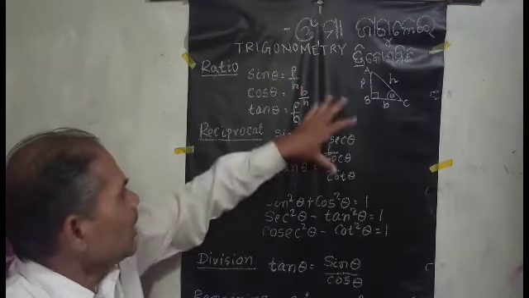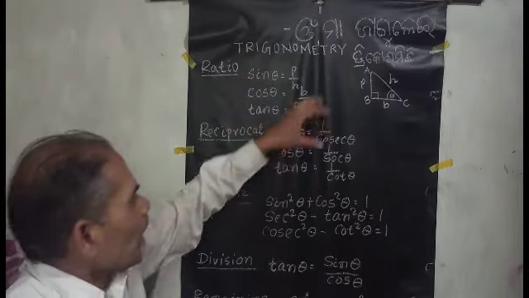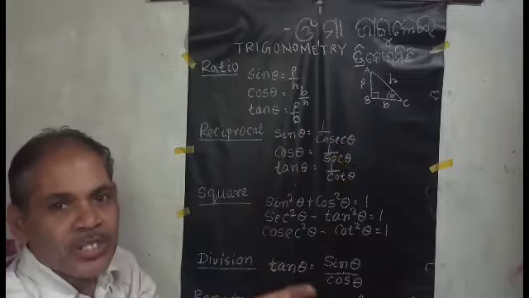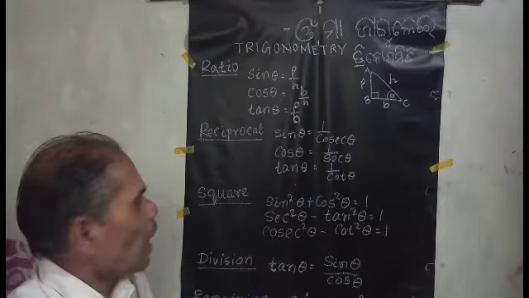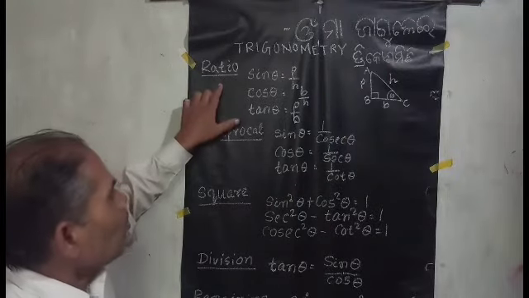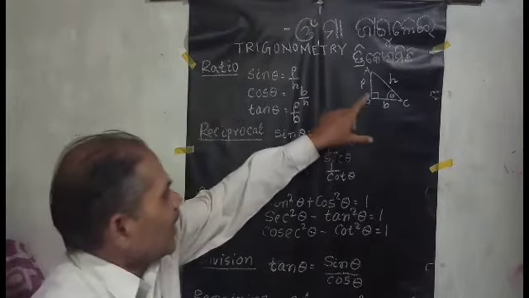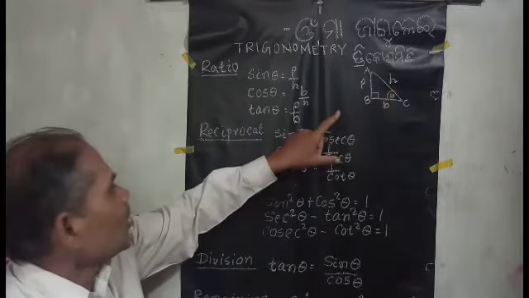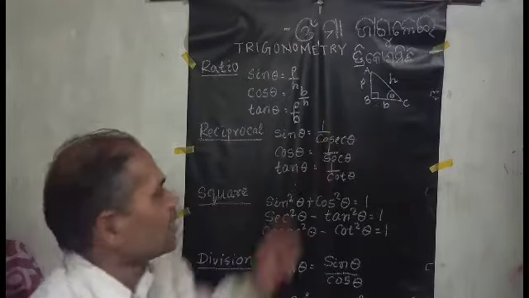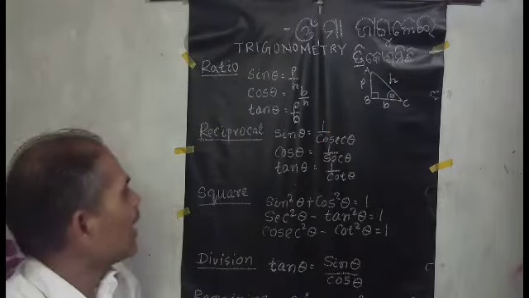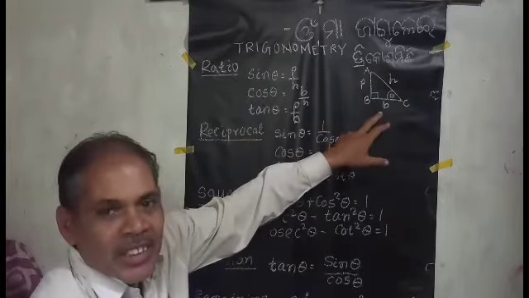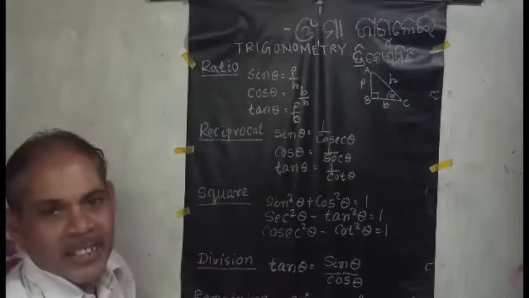Trigonometry is all about the right angle triangle, its sides, and the relationship between the sides, the arms P, B and H. The ratio of P and H is given the name sin theta. The ratio of B and H is called cos theta, and the ratio of P and B is called tan theta.